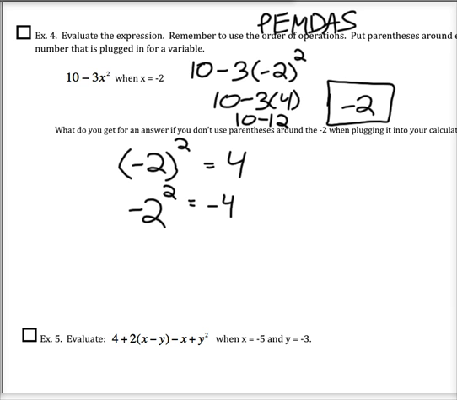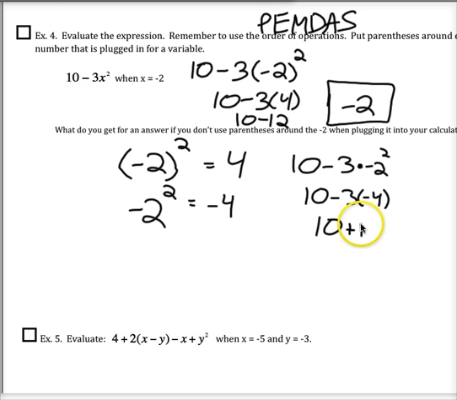So, for the full question, what do you get if you don't use parentheses? Well, if you just type it like this, -3 times -2 squared, now you're going to be subtracting a 3 times a -4. Negative times a negative is positive.